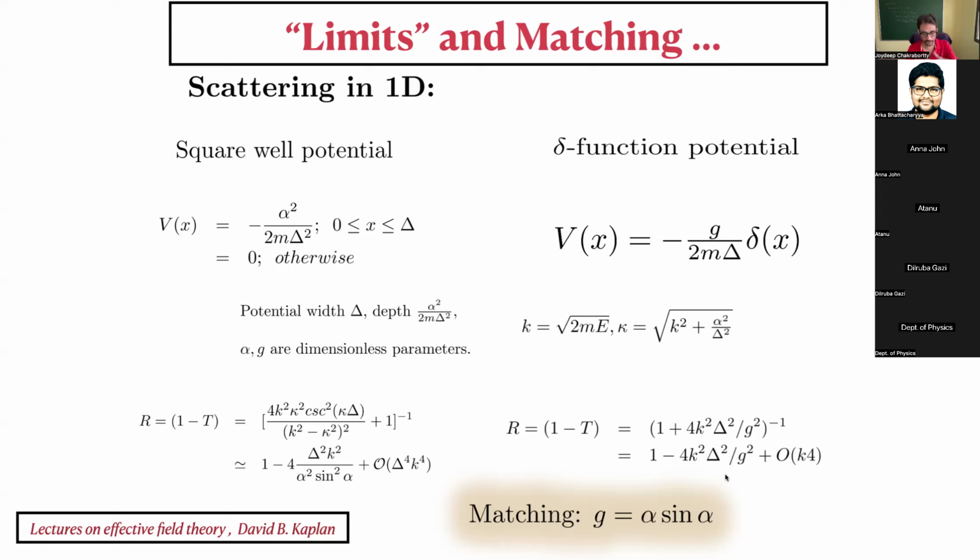Then order by order matching, you will get the relations between the parameters of the low energy theory and the UV theory. And this way you can reduce the UV theory into a low energy effective field theory. So I hope this is the idea of matching and integrating out.